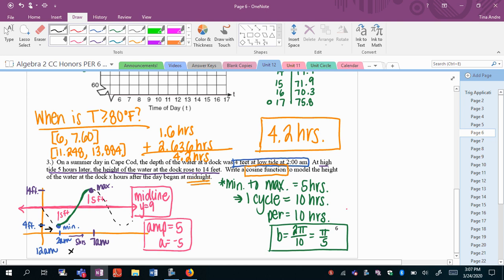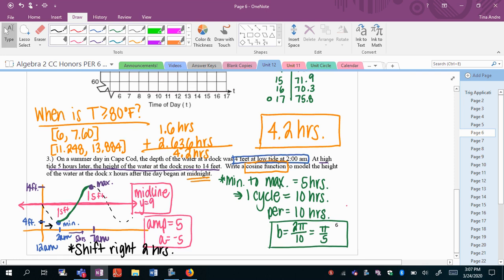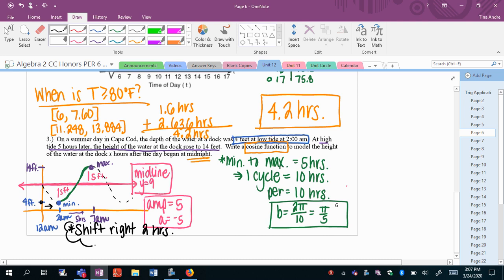So what happened with this is it shifted right 2 hours to get from 12 a.m. to 2 a.m. So that means now we have to put a horizontal shift on there.